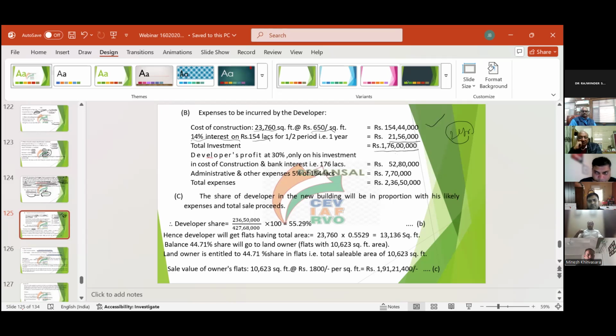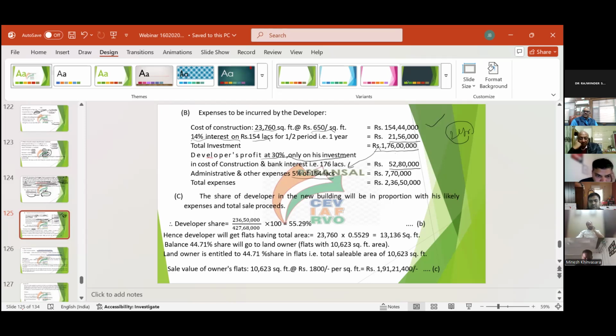And then he wants 30% on his investment cost of 1.76 crore. It means he wants a profit of 52 lakh 80,000. Then he has to spend 7 lakh 70,000, which is 5% of 154 lakh, on administrative and other expenses.